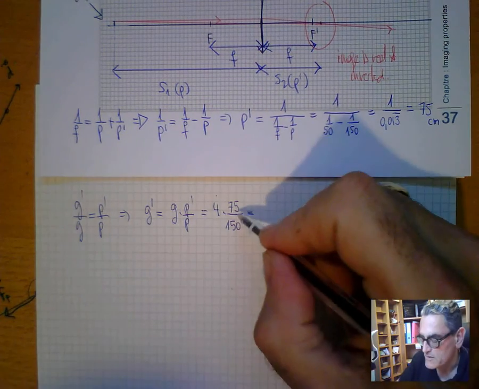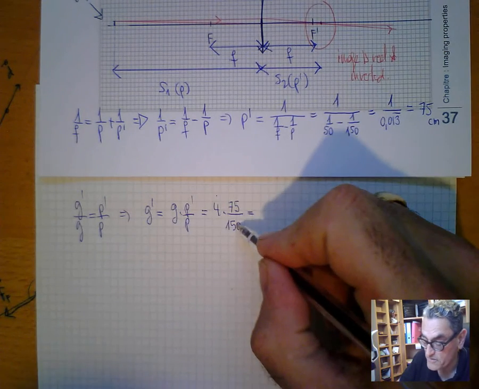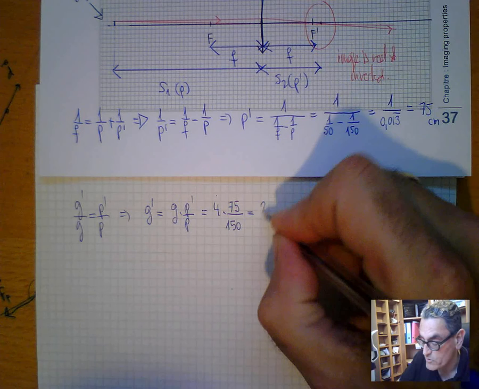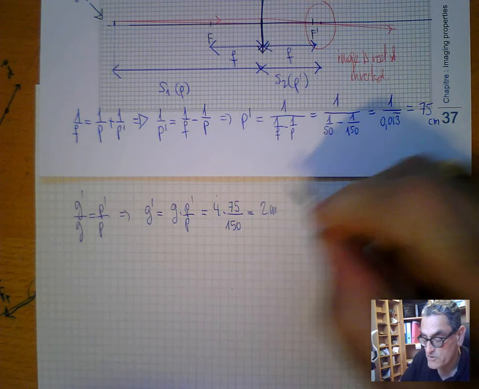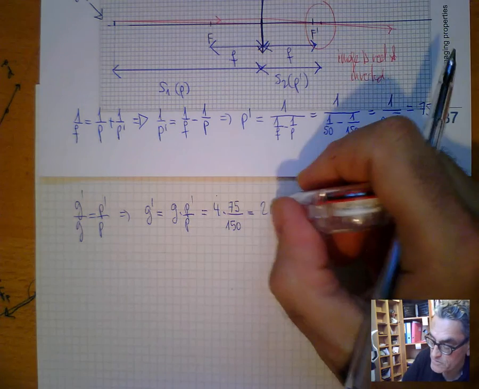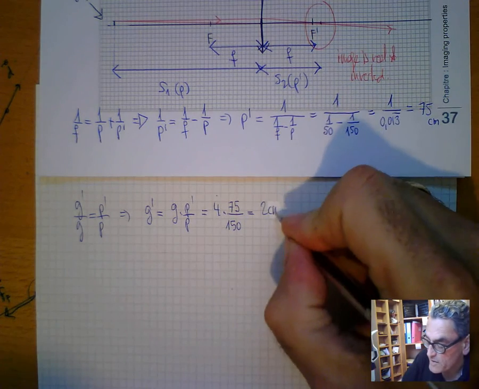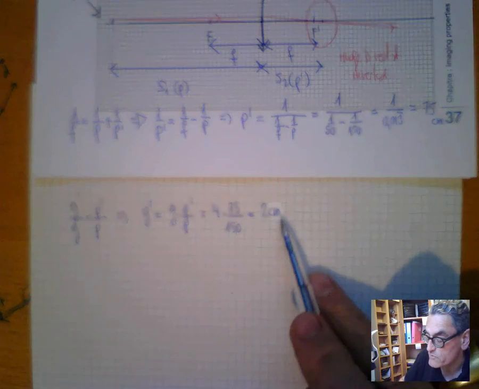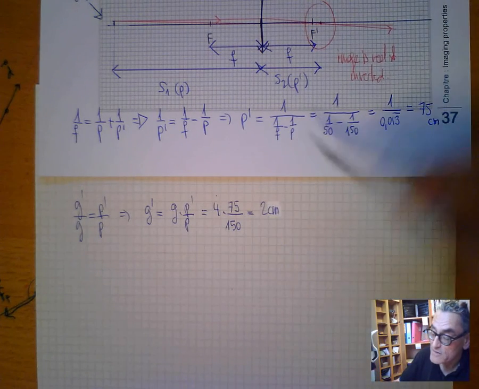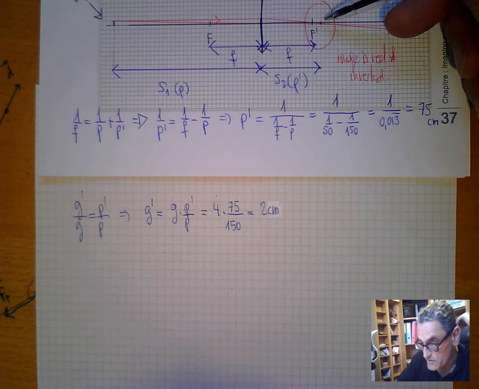What's the result? 75 over 150 is just 1/2. 1/2 times 4 is 2. So the image is 2 centimeters high in real dimensions. So if you scale it, you divide it by 20, it's 1 millimeter high, which corresponds to this.